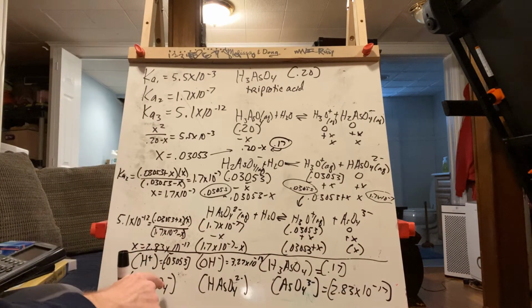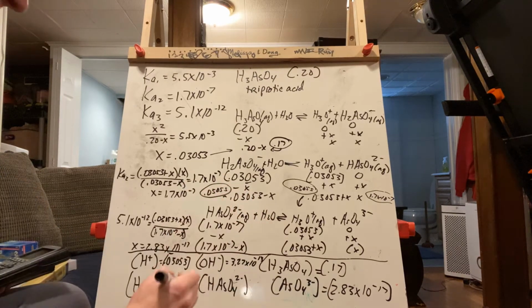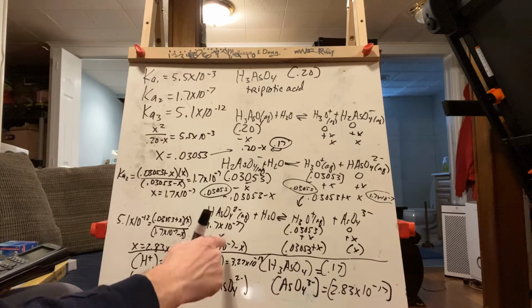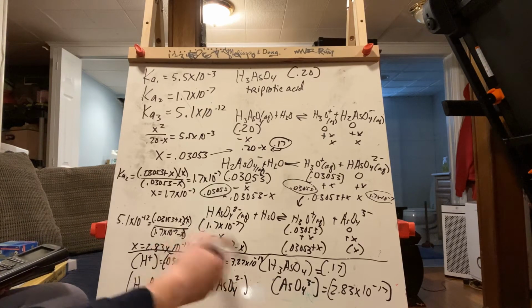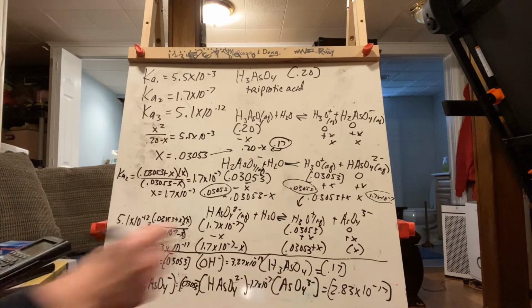And then H2AsO4 minus is basically going to be that one, 0.03053. And then HAsO4 2 minus is going to be that minus a ridiculously small number. So that's just going to be 1.7 times 10 to the negative 7th.